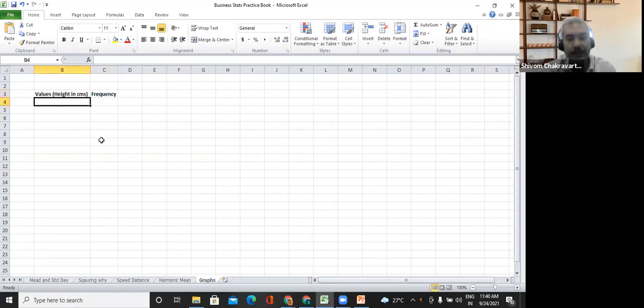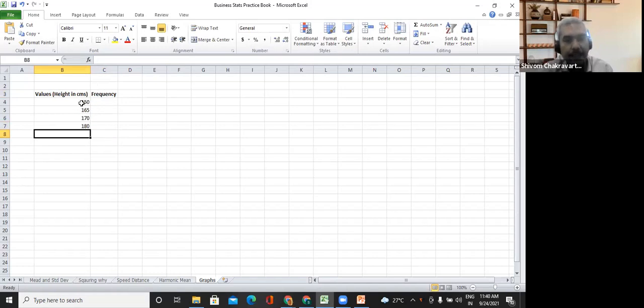Suppose there are a few people with 150 centimeter height. There are a few people with 165 centimeter height. There are a few people with say 170 centimeter height, and there are a few people with 180 centimeters. Just for ease, we are not taking intervals here.